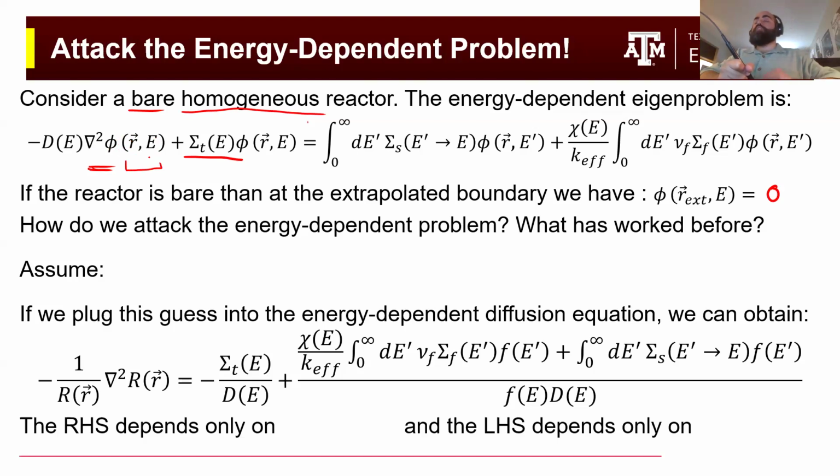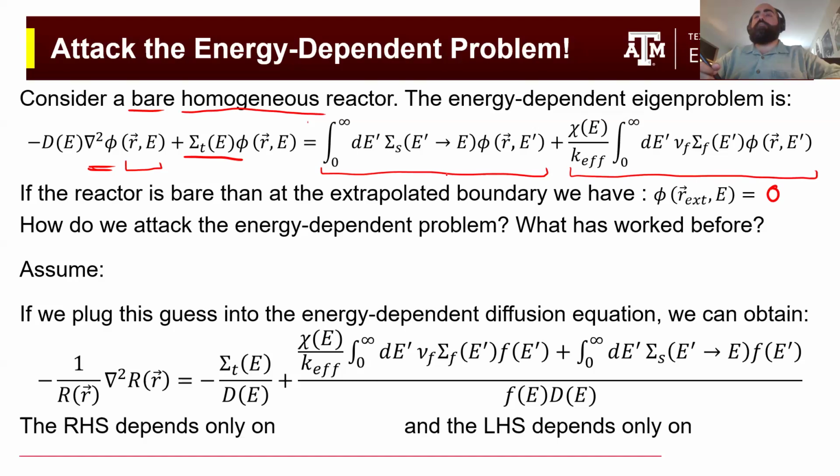So it's a partial differential equation because the solution that we're trying to find depends on multiple variables, but it also contains integrals. We actually have two integrals over the incident neutron energy E prime. And E is the energy of the neutrons that we are considering. So this is technically a partial integro differential equation.